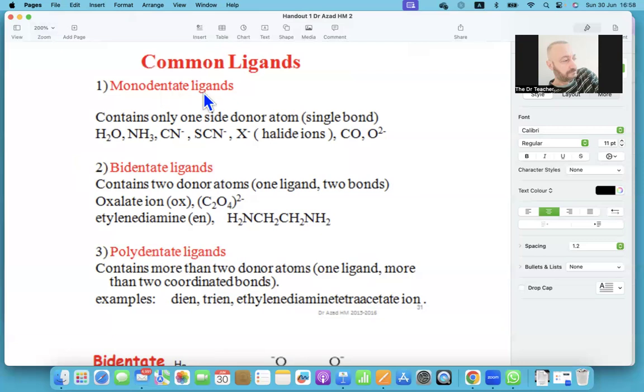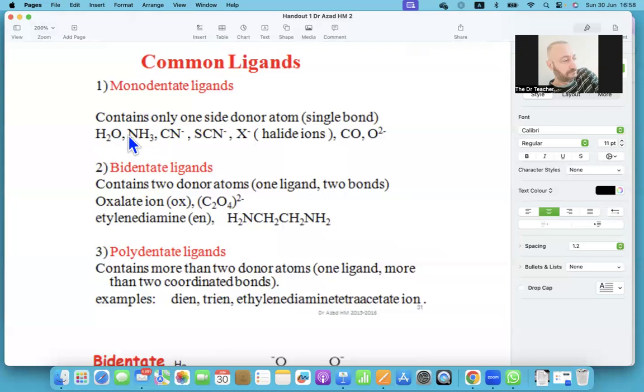Monodentate ligands contain only one donor atom, a single bond. Usually water: yes, we know water has 2 lone pairs, but it can use only 1 lone pair and will be singly bonded to the metal.